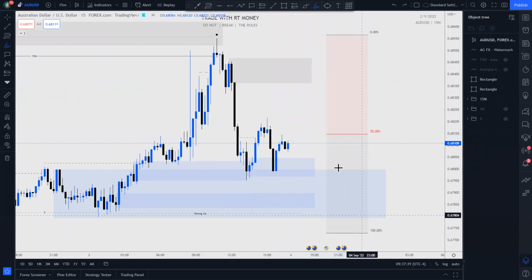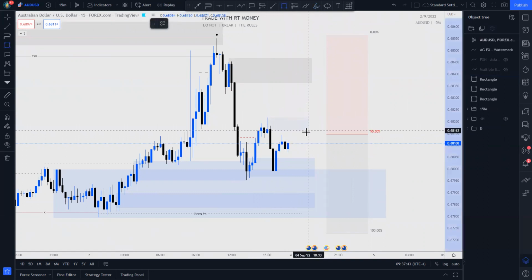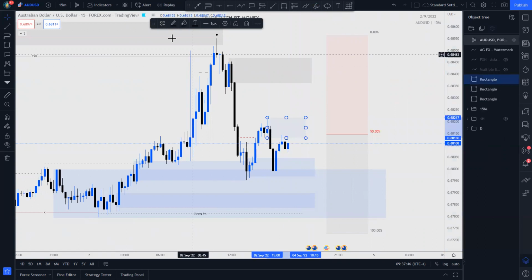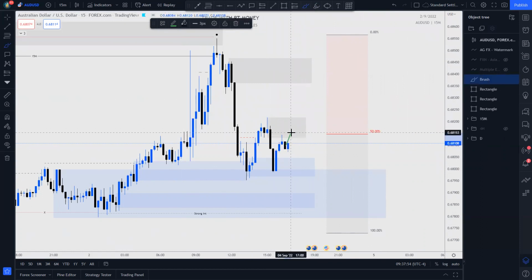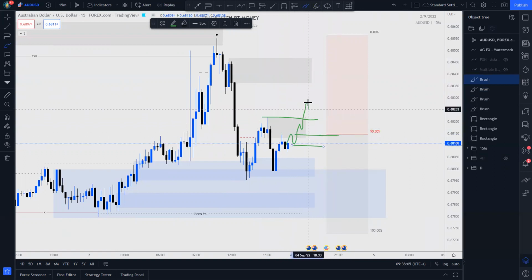Matter of fact, to illustrate it a little better for you, this is supply here, right? And I'm looking for the flip to this. You see that price is responding here. Boom, right? This is the response to it. I'm looking for price to come up, break that high with a breaking close, and I'm looking at the demand zone that's left here that's responsible for it, for a high probability trade to the upside.